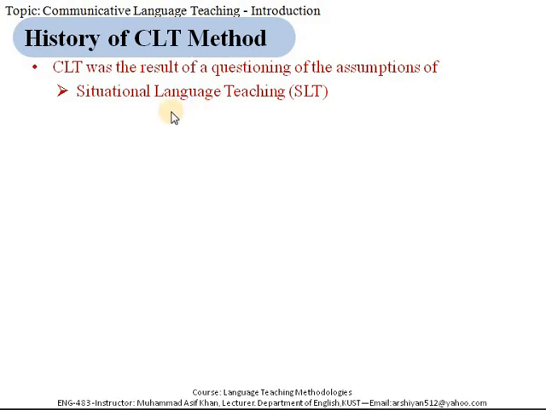Up to the 1960s, the major British approach to teaching English as a second language was situational language teaching. This was the method that was being used by the major British theorists and teachers for teaching English as a second or foreign language.